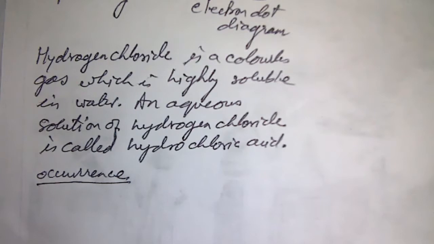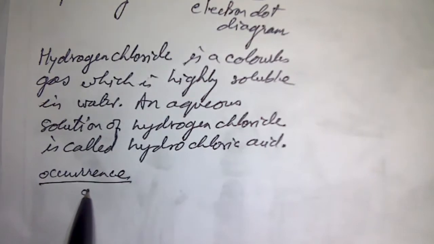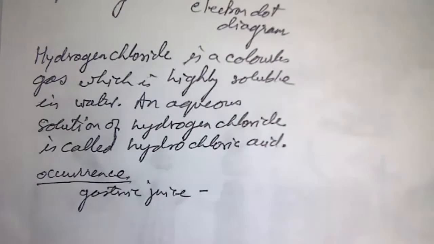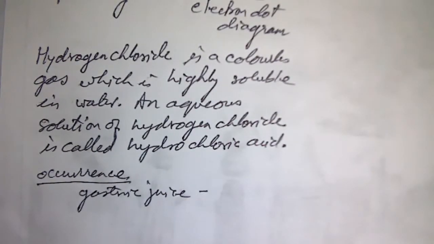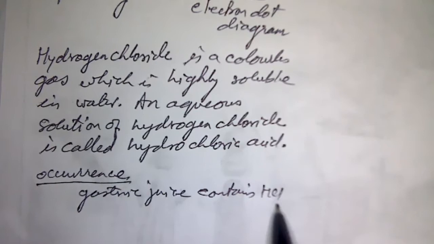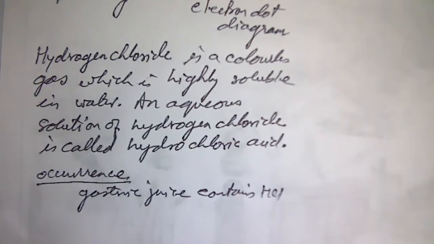Some amount of hydrogen chloride is there. The one which you have to know is in your stomach, there is gastric juice, isn't it? That gastric juice contains hydrogen chloride, meaning hydrochloric acid. Clear? Gastric juice in the stomach of mammals and other animals helps in digestion of food. So it is found there.